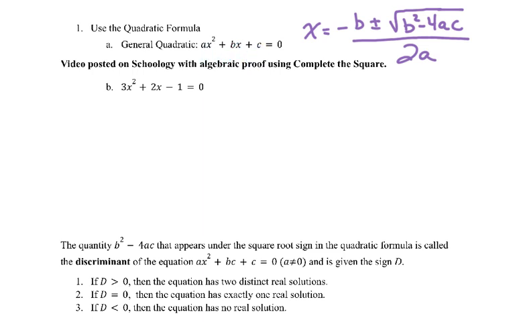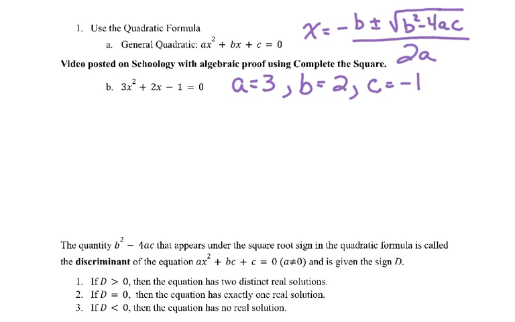So in trying to solve 3x squared plus 2x minus 1 equals 0, let's identify our a is equal to 3, our b is equal to 2, and our c is equal to negative 1.